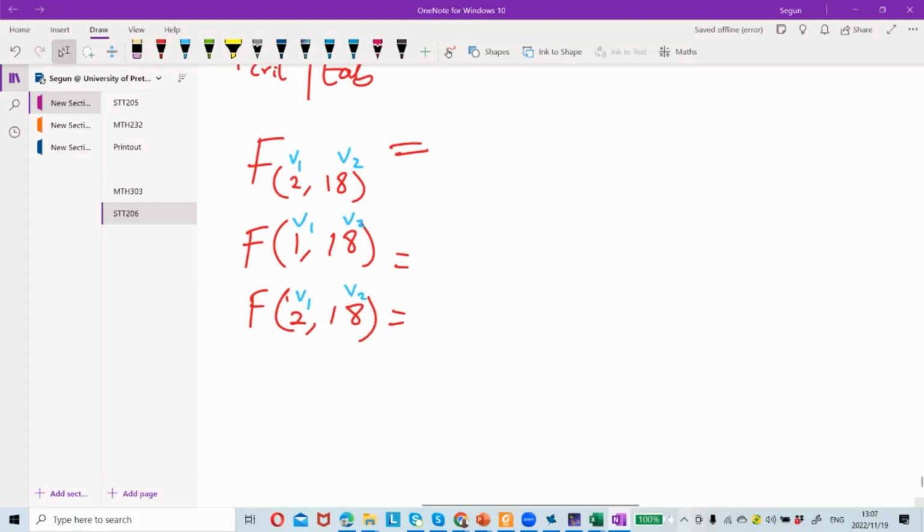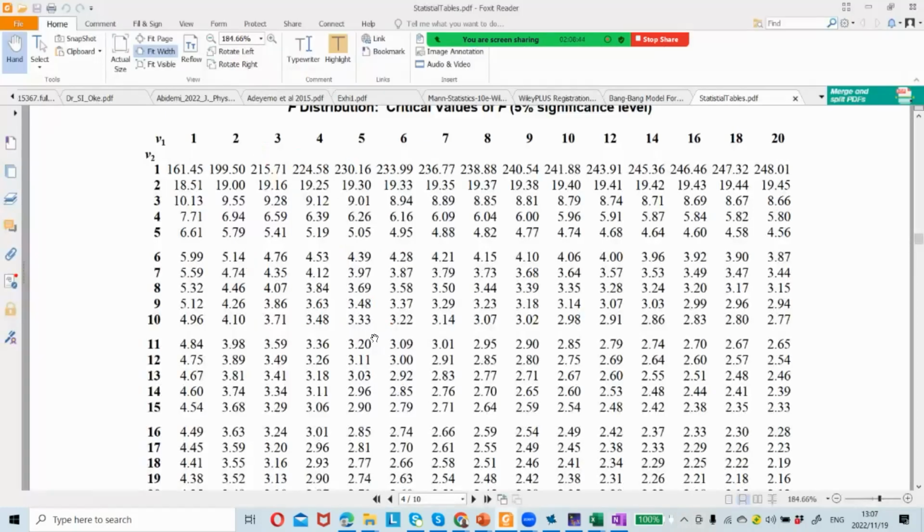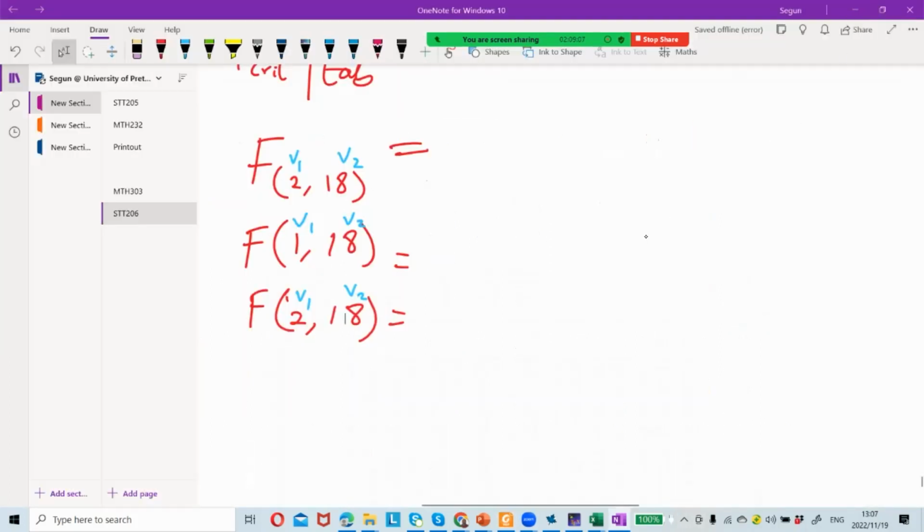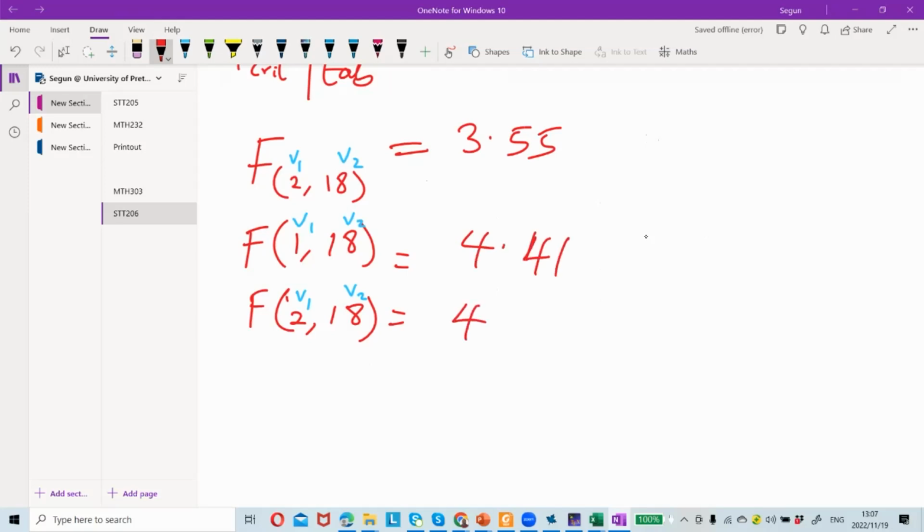Please don't forget because of the table we are using. When your V1 is 1 and V2 is 18, what do you have? 4.41. Yes. So we can go back and write that this one is 3.55, this one is 4.41, and this is 3.55.